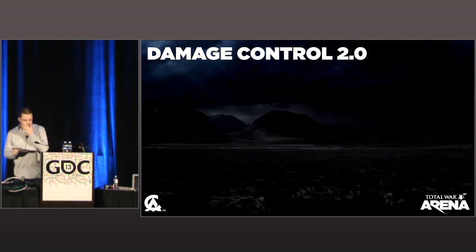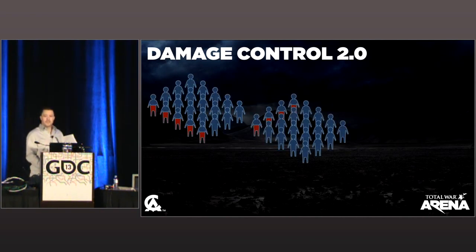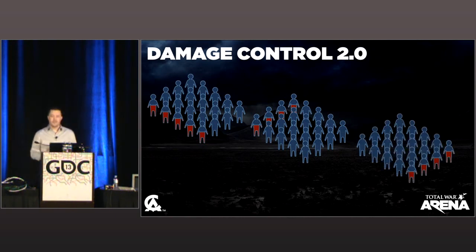So our units are complicated things, right? They're compound objects made up of many men. And if you add per man damage, you add a hell of a lot of information into the system. So a damaged unit can look like this, or it can look like this, or it can look like this. So that's the same unit, but very different tactical implications. So if you attack from the wrong direction, you hit fresh troops and you don't reduce the target's damage dealing capability.